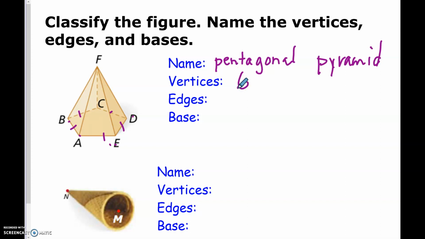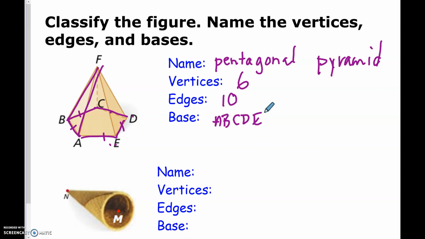And then the number of edges that we have, A, B, 1, 2, 3, 4, 5, and then we also have the 5 going up. So we're going to have 10 edges. And the base is a pentagon, and we would name it by A, B, C, D, E.